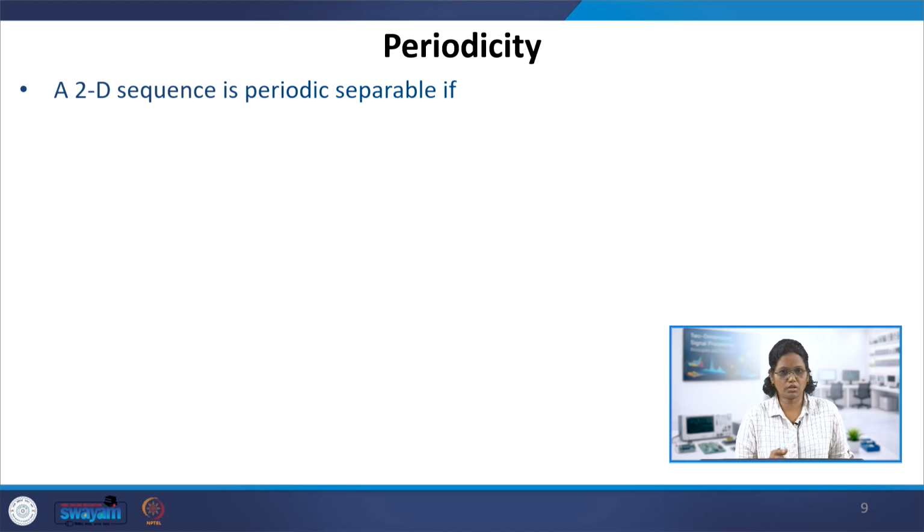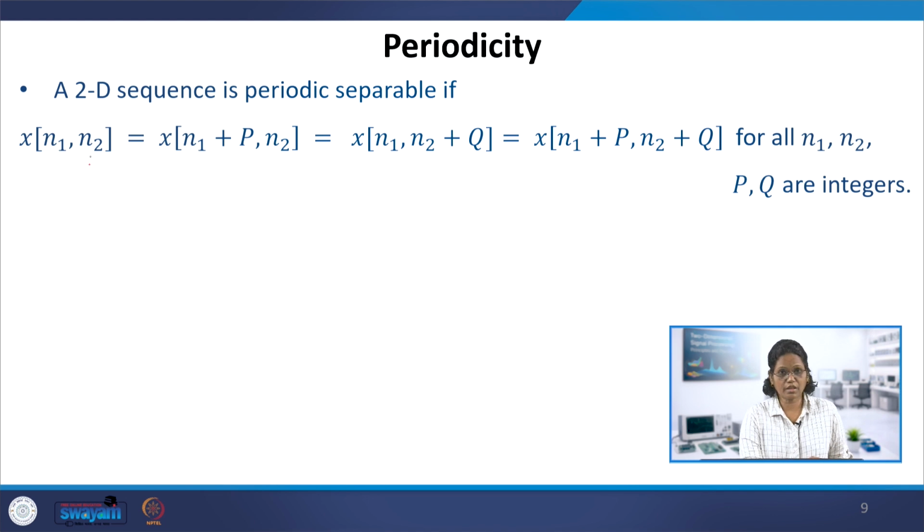This row-wise and column-wise can be set, and it is periodic separable if x of N1 comma N2 is row-wise periodic, which is also equal to column-wise periodic, and also row-wise and column-wise both periodic, where P and Q are integers and for all N1 and N2 values. Then this sequence x of N1 comma N2 is separable, that is, periodic separable.